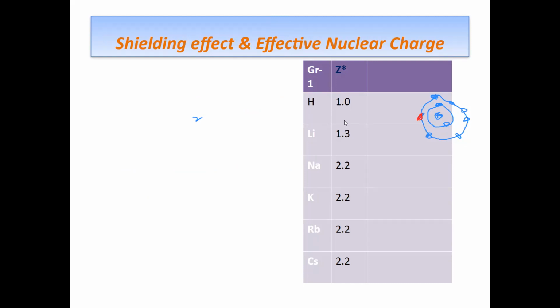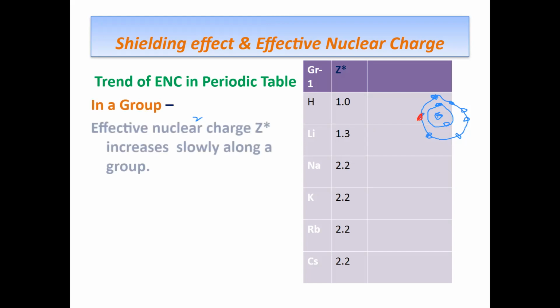Now coming to lithium, the value increases to 1.3. Then sodium, 2.2, it increases again. But after sodium, for potassium, rubidium, cesium, francium, the effective nuclear charge is constant. Means in the groups from top to bottom, the effective nuclear charge initially increases slowly, later it stays constant. So Z star increases slowly along the group.